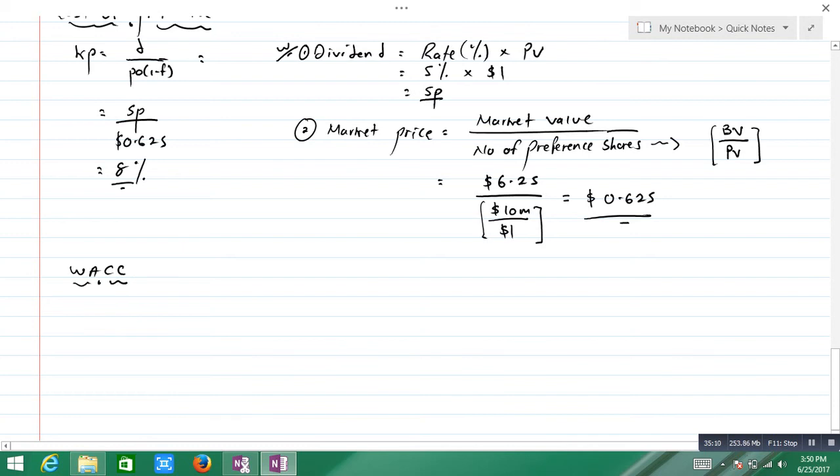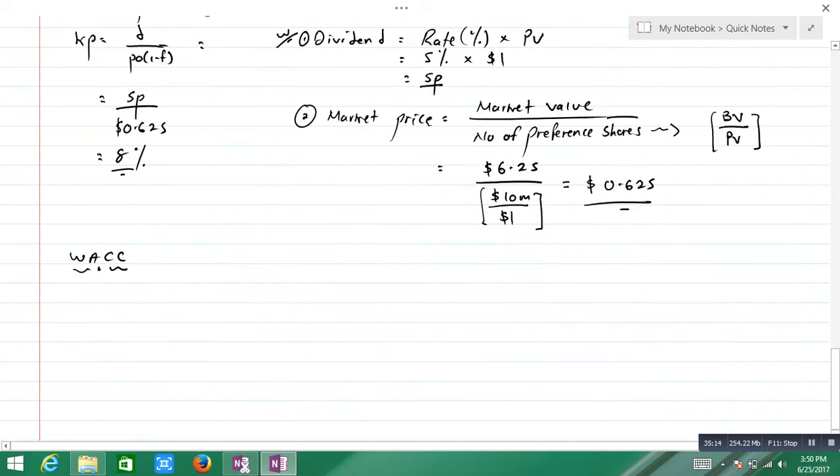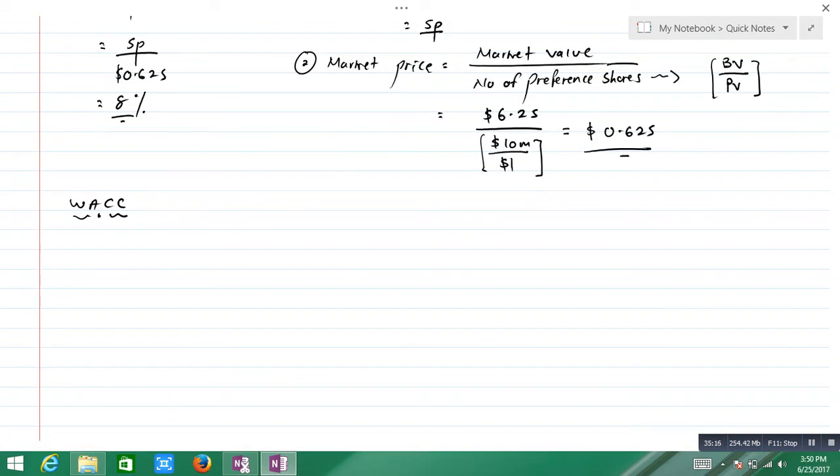So let's list down here the market values. It's easy for us: for equity, which is our ordinary shares, for convertible bond, and of course preference shares.